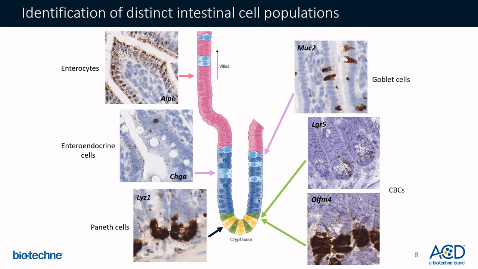Enterocytes were detected with intestinal alkaline phosphatase, goblet cells were detected with mucin 2, enteroendocrine cells were detected with chromogranin A, we detected Paneth cells with lysozyme 1, and finally, the columnar-based crypt cells, where the intestinal stem cell population resides, were visualized with either Lgr5 and olfactomedin 4, really showing you the importance for the role of RNAscope in giving you the morphological context in your data to be able to visualize where exactly a gene is being expressed in a tissue context.